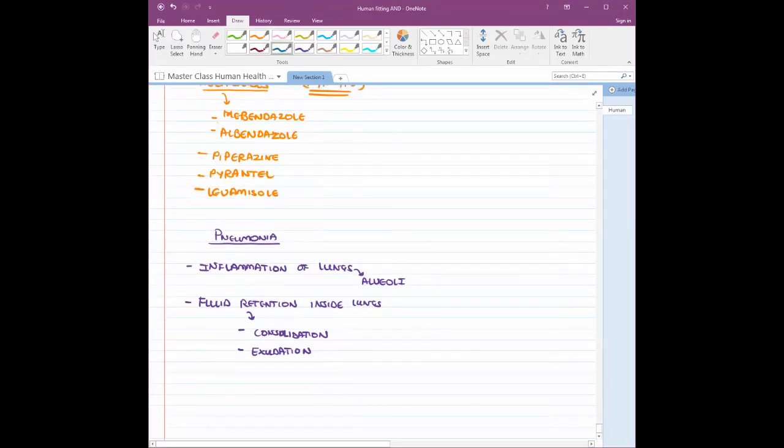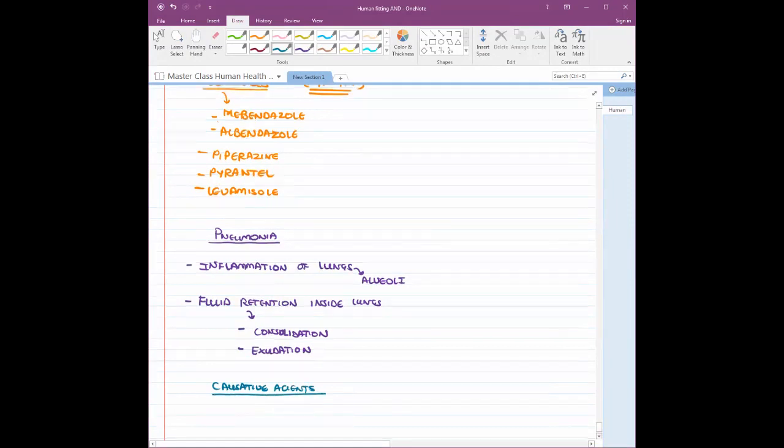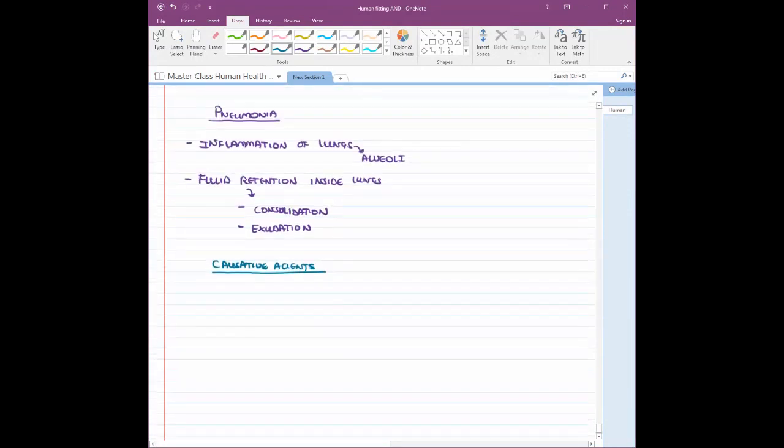Next, we are also going to see who are the real causative agents that cause pneumonia. There are many agents which can cause pneumonia. So first, we have bacteria, different causes for pneumonia.